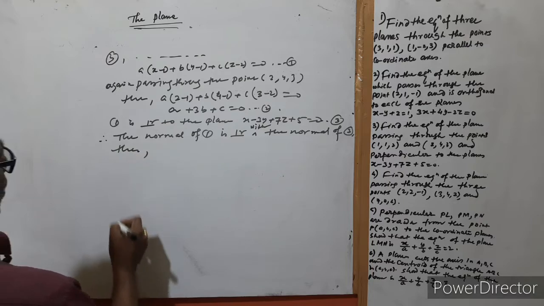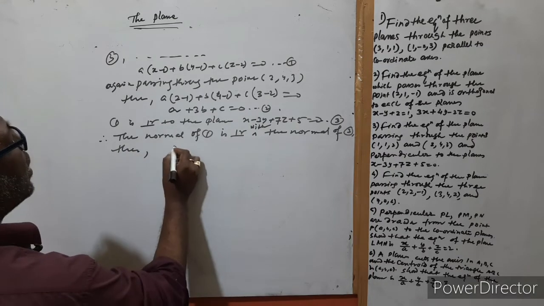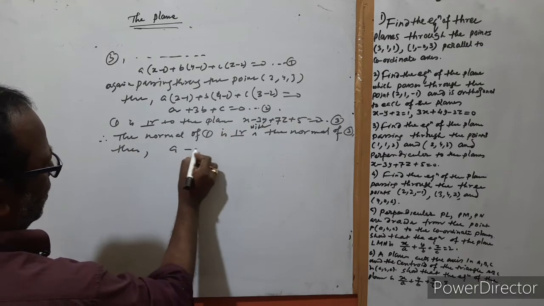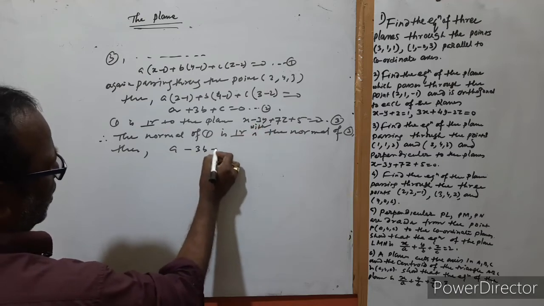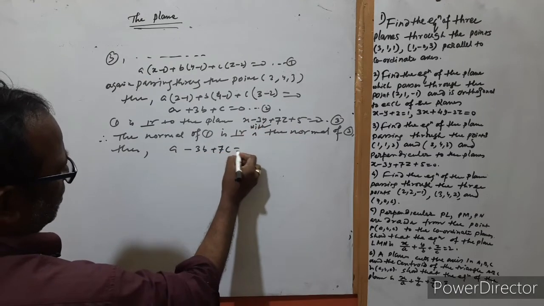Then that is a into 1, 3 into b and 7 into c, equal to 0.